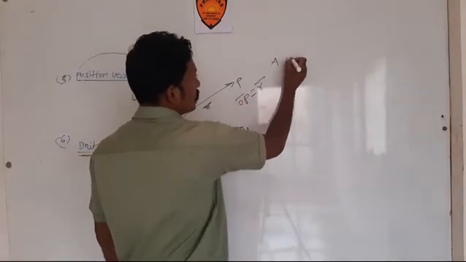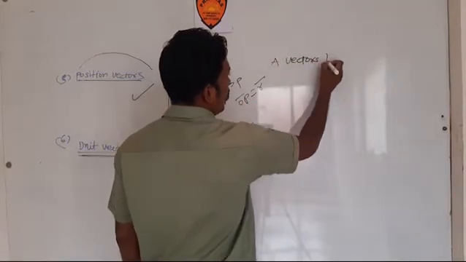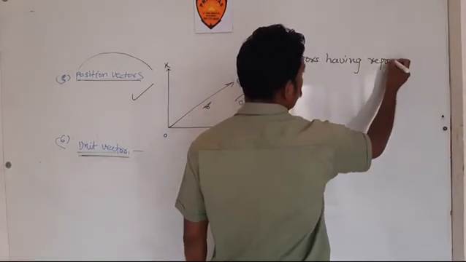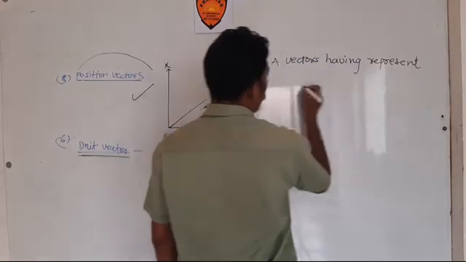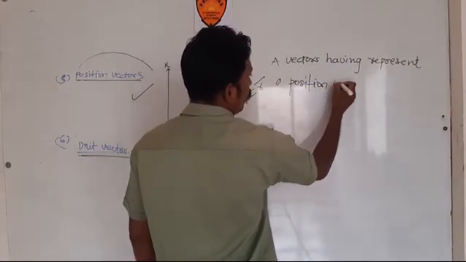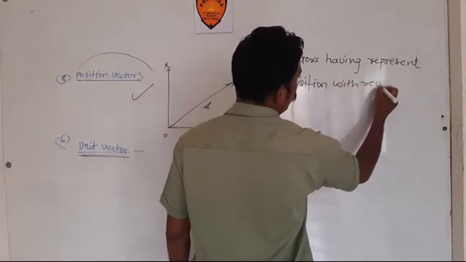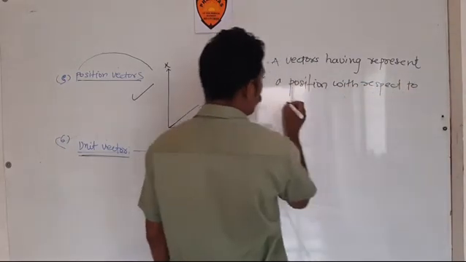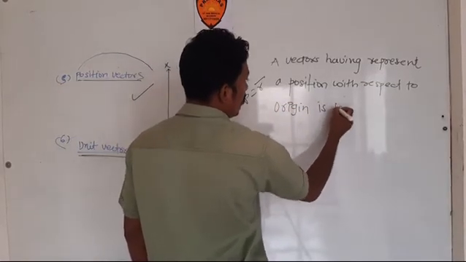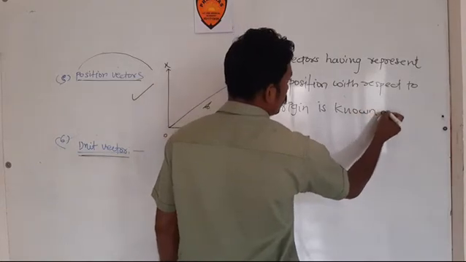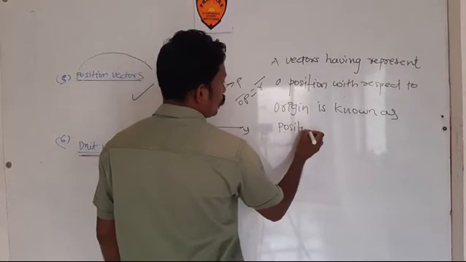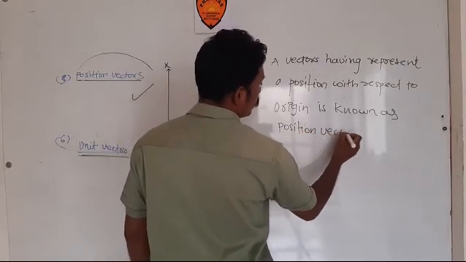A vector representing a position with respect to the origin is known as a position vector.